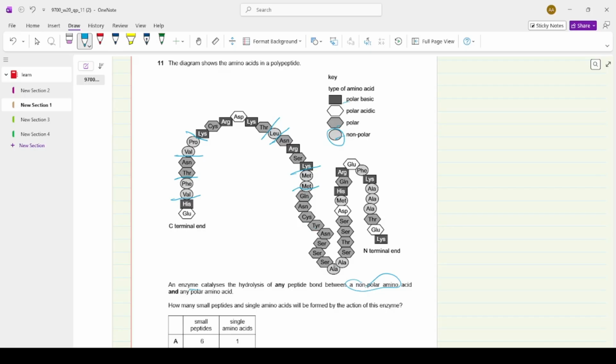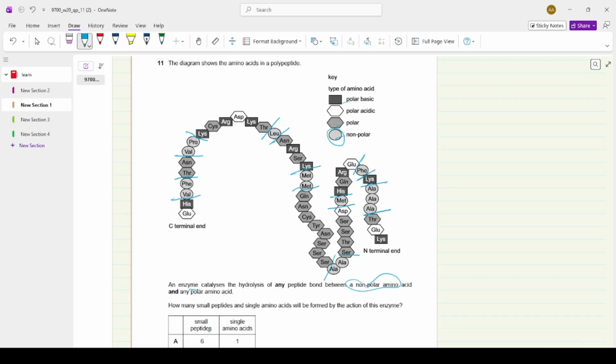Where else? Alanine and serine, again alanine and serine. Where else? Aspartate and methionine, then histidine and methionine, again another cut. Glutamate and phenylalanine, then phenylalanine and lysine, lysine and alanine and threonine. So I think those are the cuts we are having.